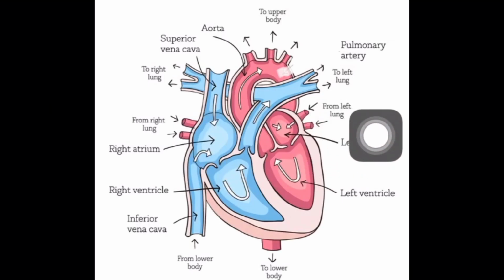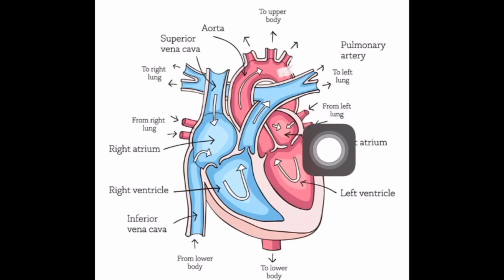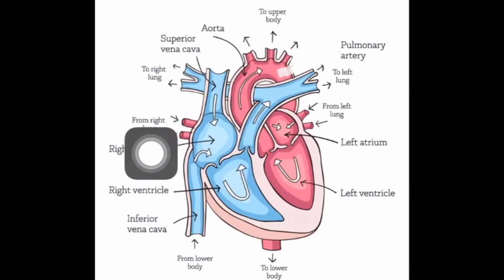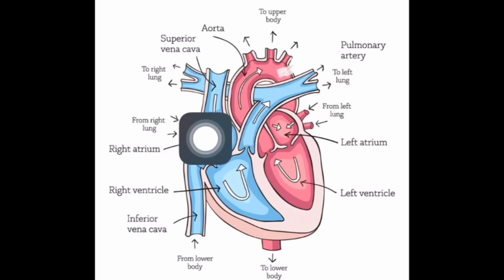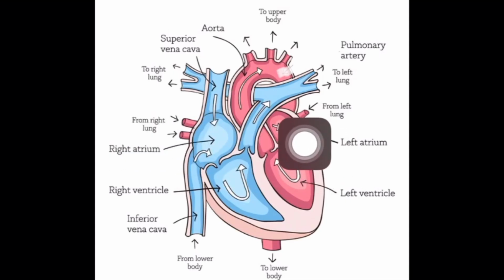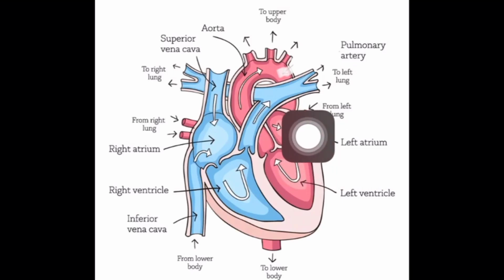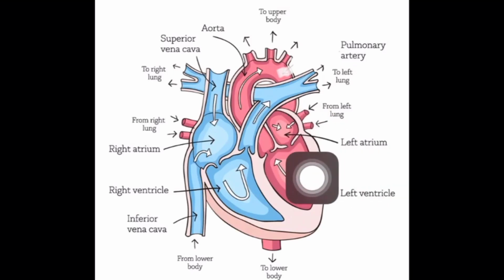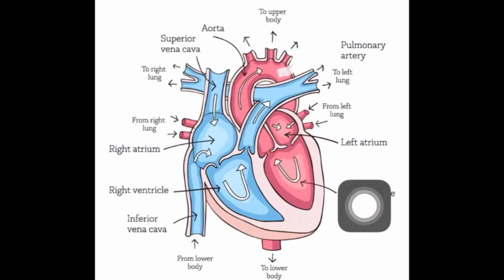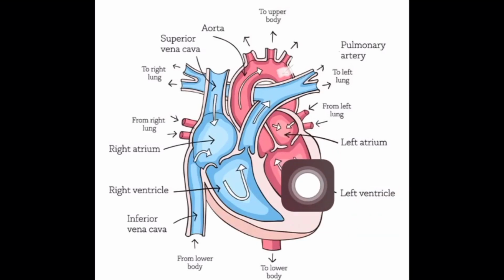From the left lung the blood comes along the left pulmonary veins, and from the right lung the blood comes to the heart along the right pulmonary veins, and the pure blood is collected in the left atrium. As the blood collects in the left atrium, the mitral valve opens and the blood goes to the left ventricle.